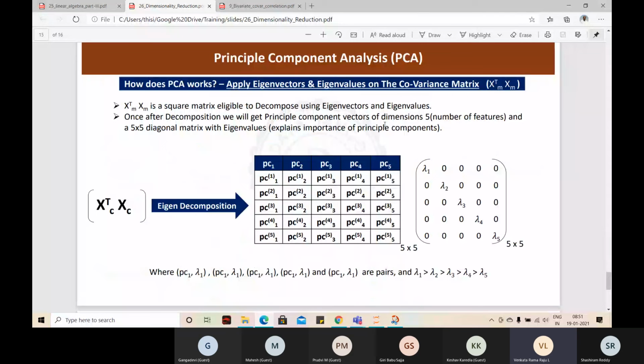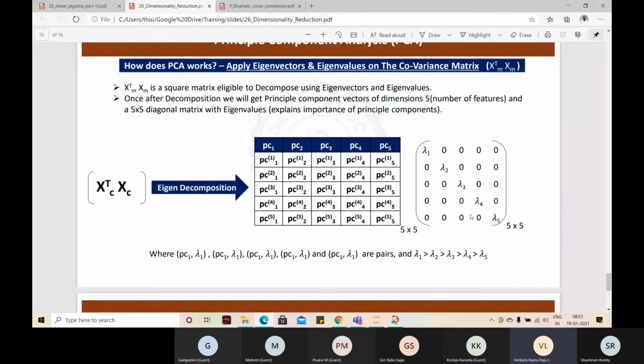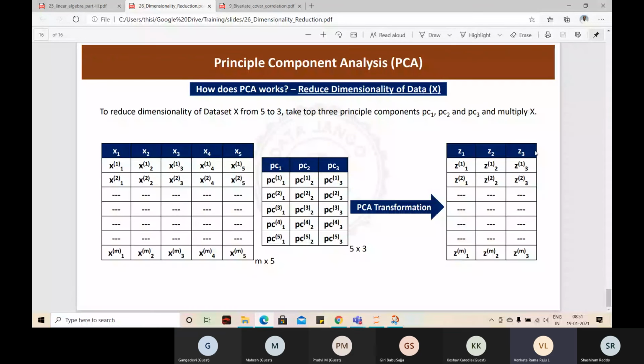And then the transformation is what this operation is all about. It takes the n components, 3. If I say it takes the first 3 principal components, multiplies by the matrix and generates this. This is the transform operation. Till here it is all fit.